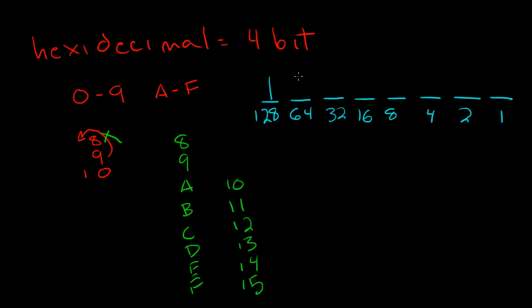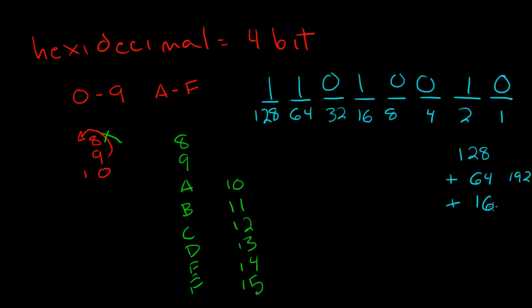So let's put a binary digit in here. And if we were to go ahead and convert this, again, we'd add up all the ones. So 128 plus 64 is 192 plus 16 is 208 plus 2 would give us 210.